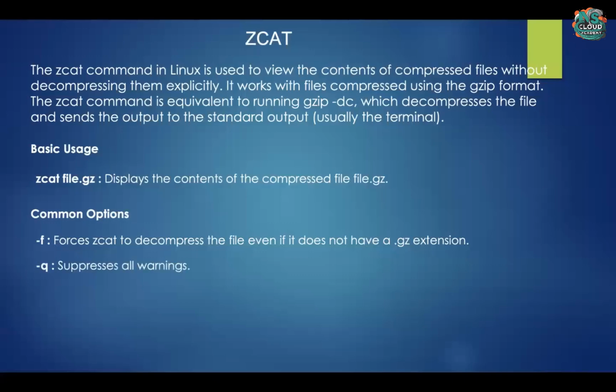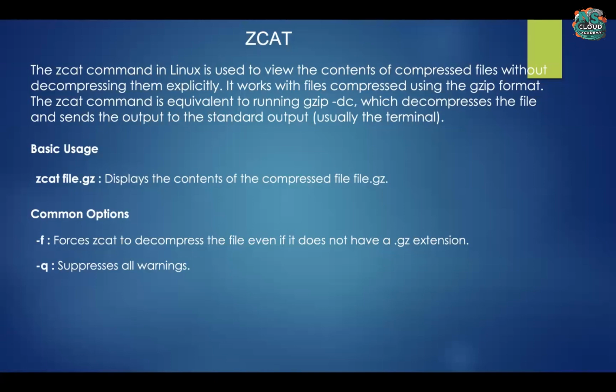ZCAT -f forces ZCAT to decompress the file even if it does not have a .gz extension. Meaning if you have some other extension, you can still use the ZCAT command to decompress the file and see what is written inside, just like tar.gz and all, right? If you use -q, it suppresses all warnings.